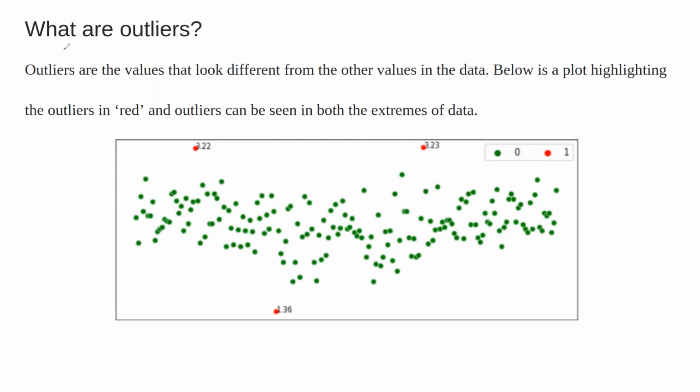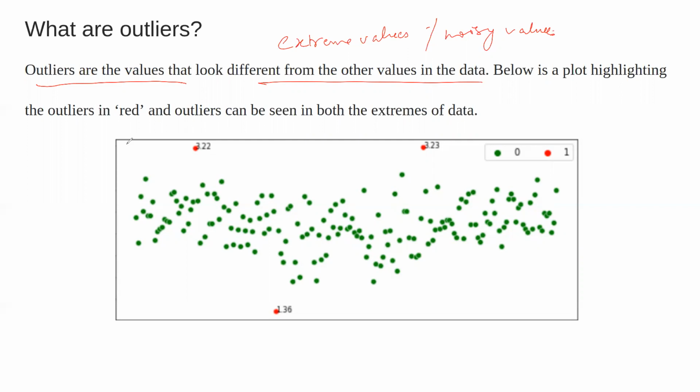So let's understand what outliers are. Outliers are the values that look different from other values in the data, right? They can be either extreme values or they can be noisy values in our data.